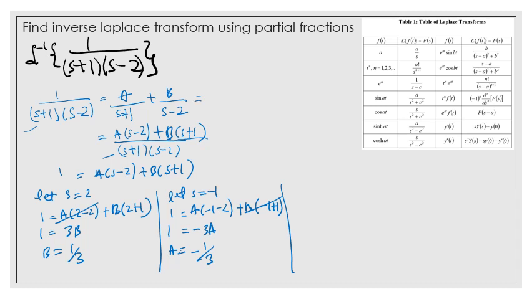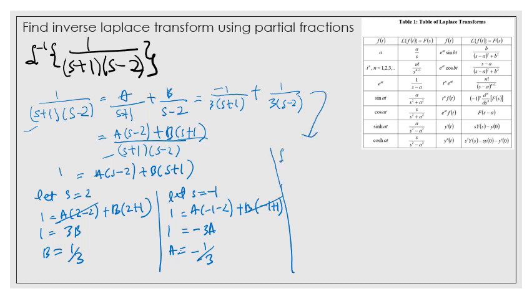We get A equal to negative 1 over 3, so negative 1 over 3(s plus 1), plus B, B equal to 1 over 3(s minus 2). Okay. So next from here, we can find value of inverse Laplace.